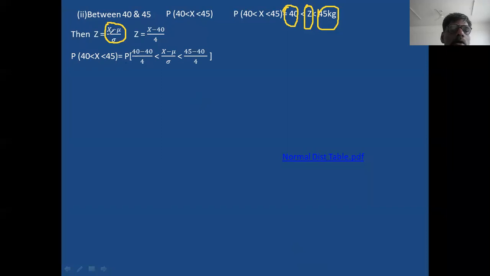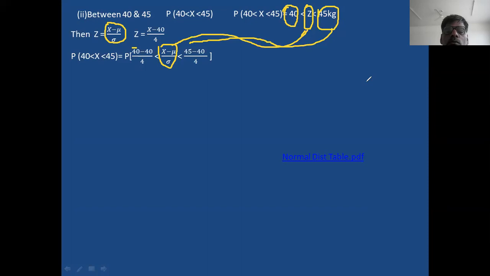In the first equation, x value is 40. X is 40, mean is 40, divided by standard deviation 4. And the z equation, it is common, the middle z value is common. And in the third equation, x is 45. Mean is 40, divided by 4. In this way, you put the value.